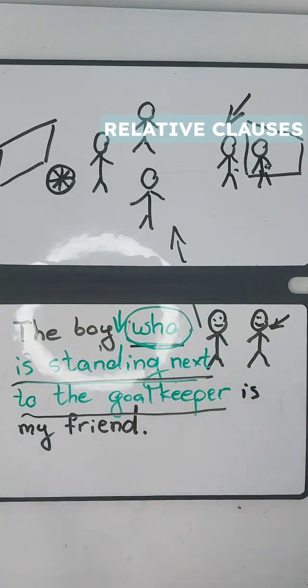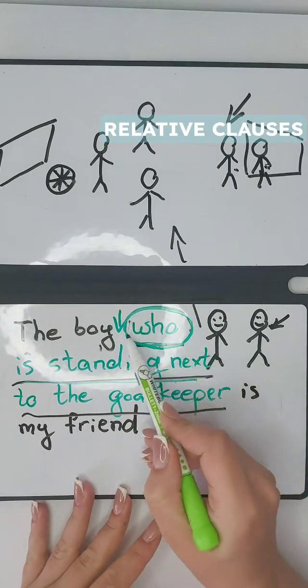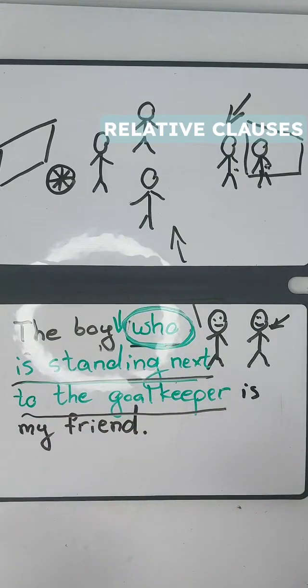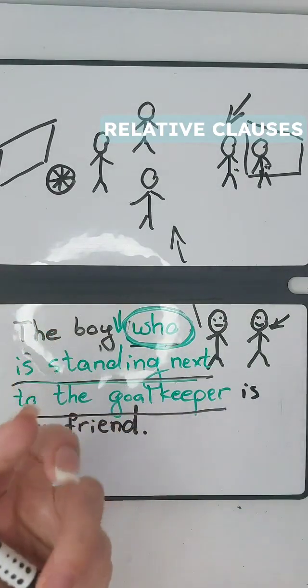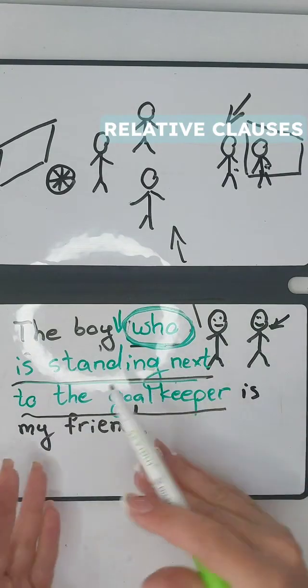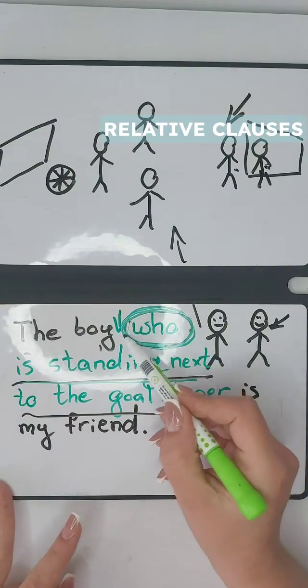If you attended my yesterday's live lesson, you already know that there are different relative words that we use depending on whether we are talking about animals, ideas, places, etc. Here we have a person, therefore we use the relative word who.